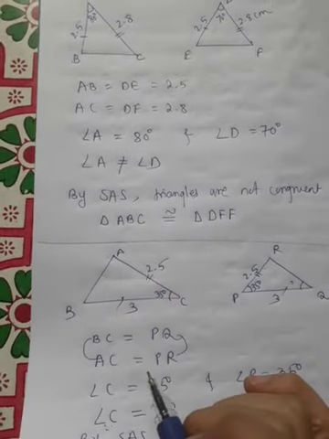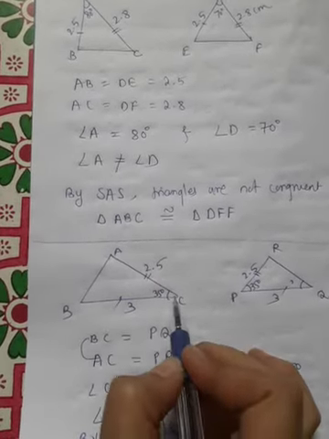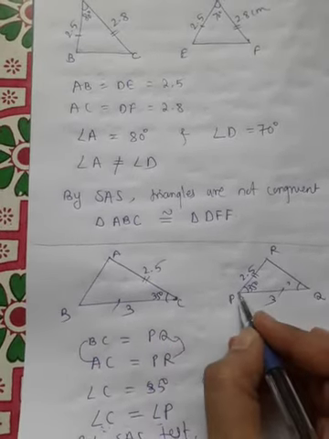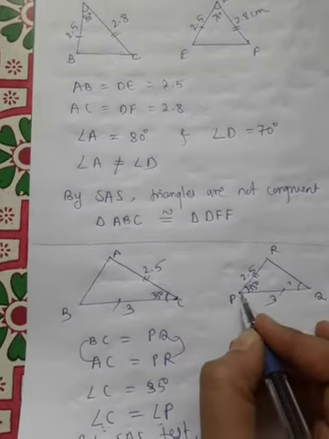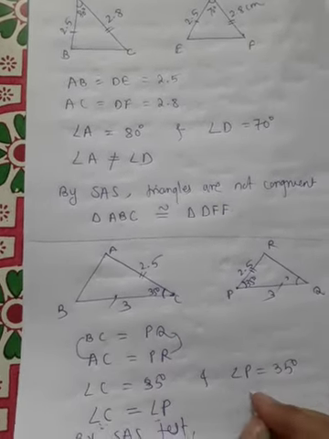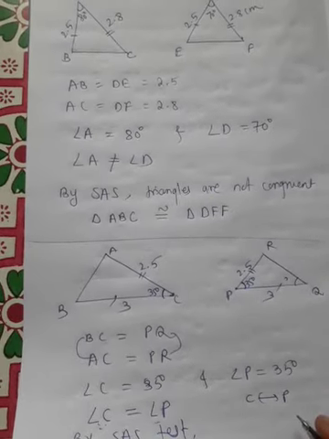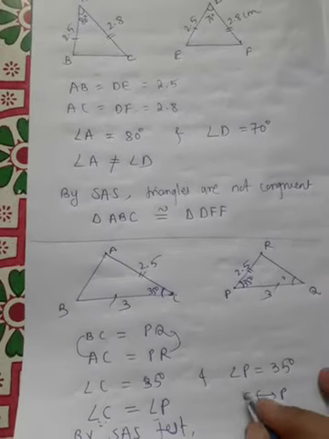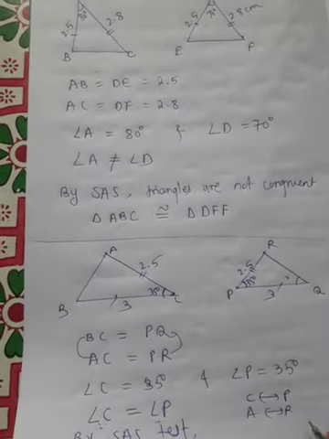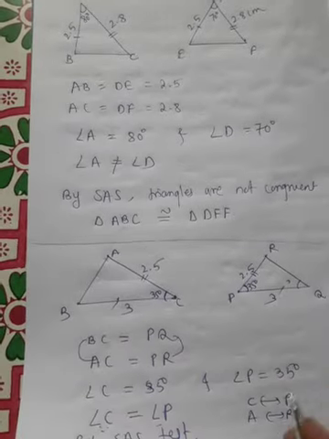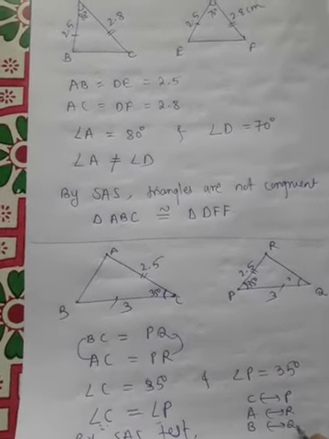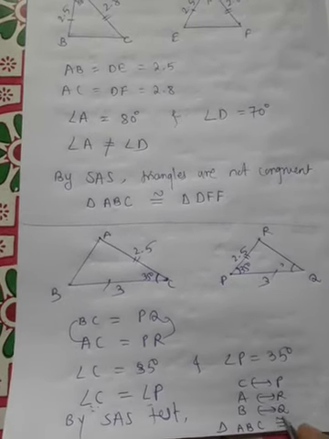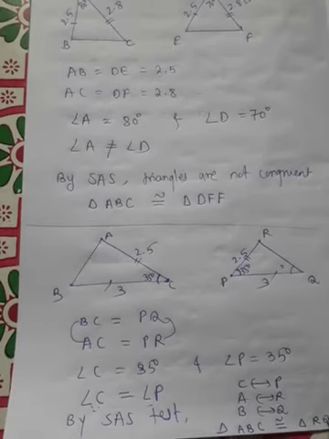So we have to write AC. Here C, you observe that C corresponds to P because here 35, here 35. Okay, C corresponds to P. Then you can observe that A corresponds to R, and B corresponds to Q. Okay, so we have to write triangle ABC corresponds to triangle RQP.